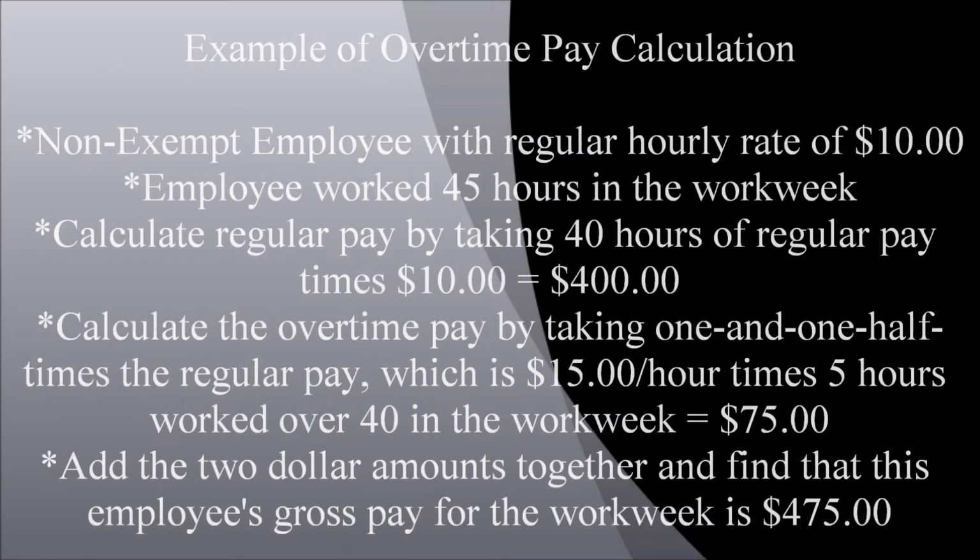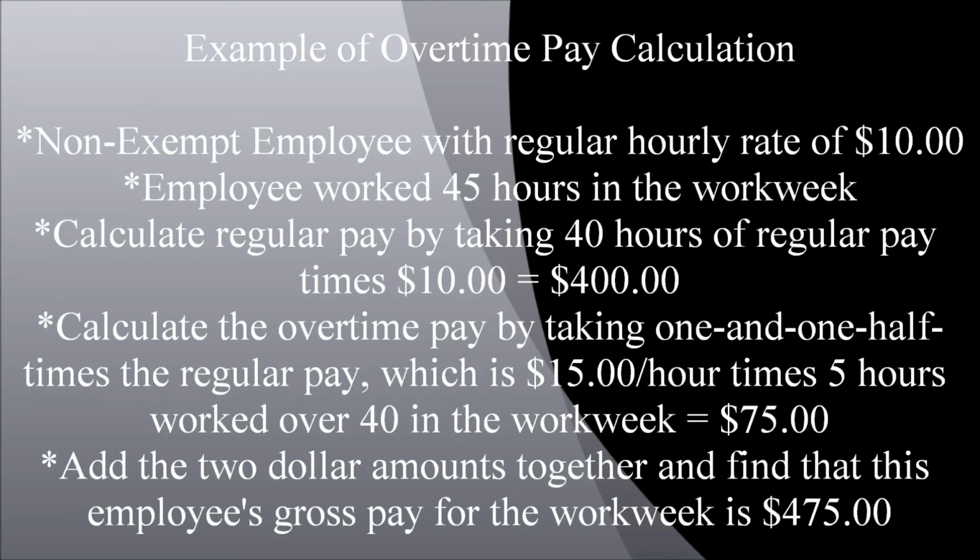So, for example, if an employee is non-exempt and the regular hourly rate is $10, and if they worked 45 hours in the work week, what should their gross pay be for that week, including overtime? First, let's take the 40 hours of regular pay times $10 equals $400. Next, let's calculate the overtime pay. 1 1/2 times the regular pay is $15 per hour.